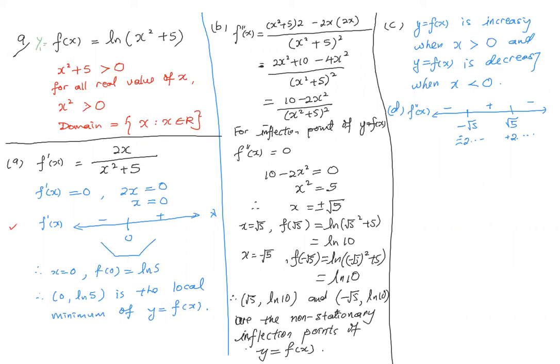Do you know why? From this one and this one, correct? I know how the graph of y equal to f(x) goes already. So now from here, I can say that for x less than negative root 5 or x more than root 5, y equal to f(x) is concave. Okay, concave what? Let me ask someone. Yep.